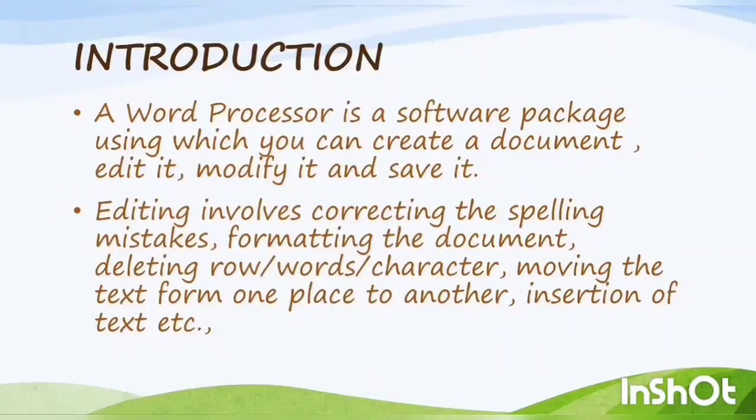To make our assignment and project look more attractive, we can even insert tables, shapes and images into the Word document. We can edit spelling mistakes, format the document, delete rows, words and characters, move text from one place to another, and insert text. These are the small basic things which we can do in a Word document.